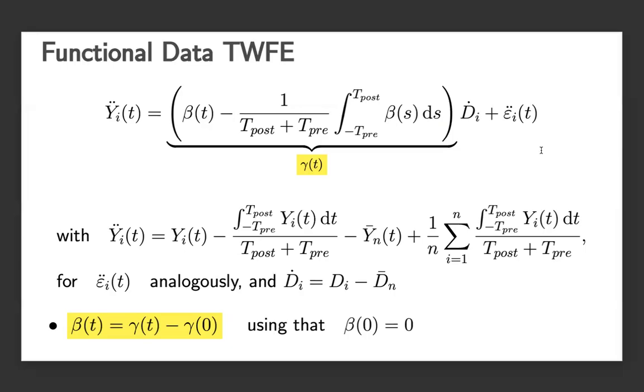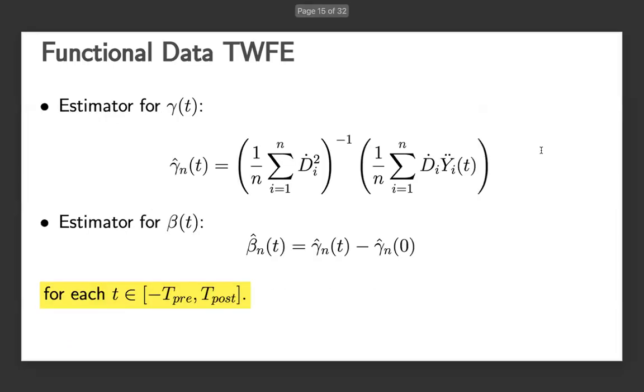Now we can directly apply a least squares estimator, because the error term no longer has any components related to the predictors, so we can apply it without worrying about endogeneity. So gamma t can be estimated with a least squares estimator on the new model, and then beta t can be estimated by a plug-in estimator: beta hat t is equal to gamma hat t minus gamma hat 0. So we have an estimator for our DID parameter.